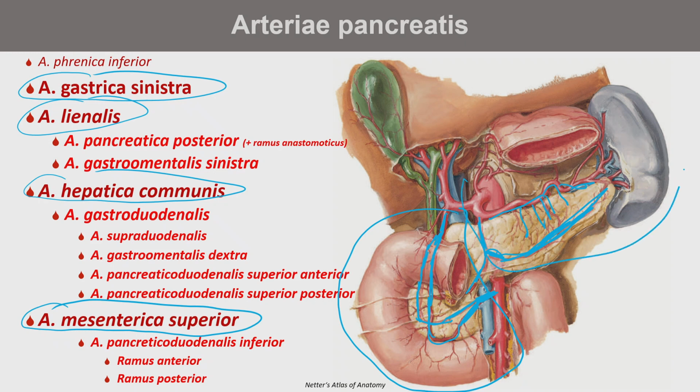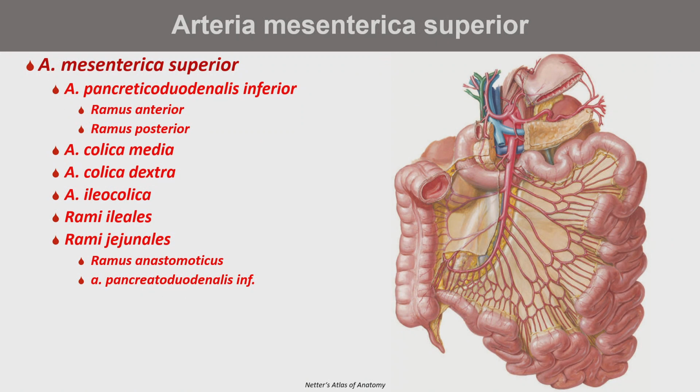Or then it's typically done as a distal pancreatectomy, which has to be done with splenectomy, because the tail of the pancreas and the spleen have such connected blood supply that it is impossible to resect only the pancreas without the spleen. So this is the reason why we have to understand the complicated pancreatic blood supply.